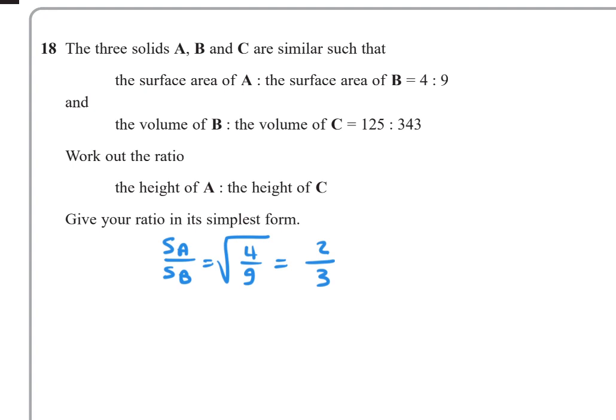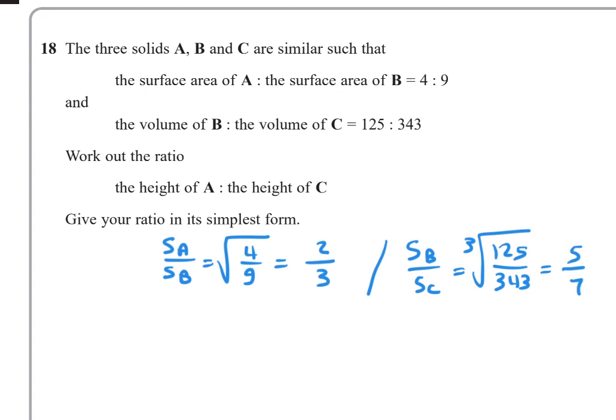And the volume B to the volume C, 125 to 343. So side B to side C equals cubic root 125 over 343 equals 5 over 7. Now we have side A to side B 2 to 3 and side B to side C 5 to 7.